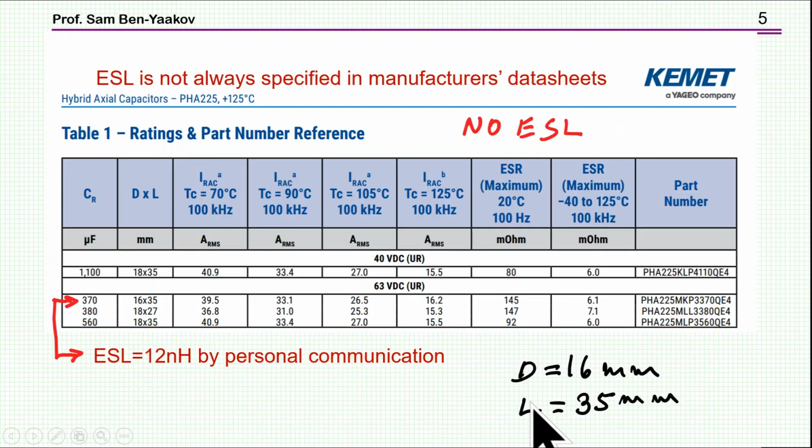these two. Now, Chemet does not specify the ESL at all, but you can get it by contacting the company, which we did, and we've been told that the ESL of this capacitor, which is also a hybrid electrolytic capacitor, comparable in size and in capacitance to the one that I've just shown for the TDK, is 12 nanohenry, and again these are the sizes of this capacitor.